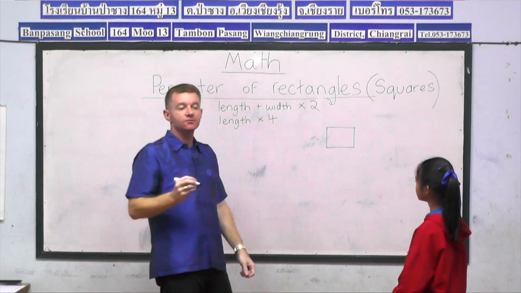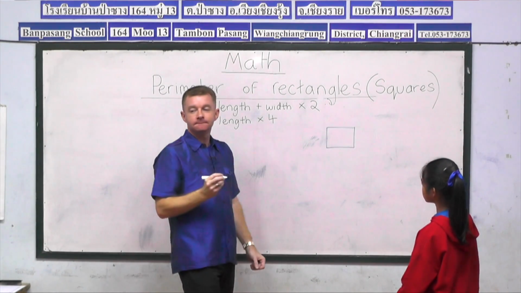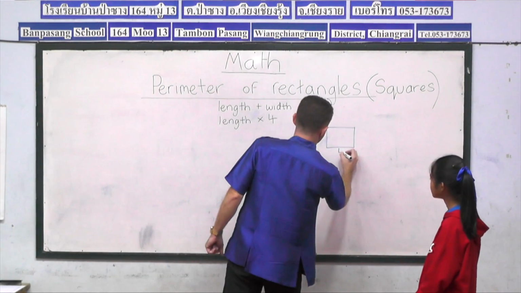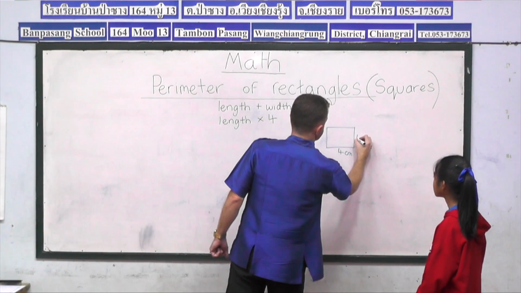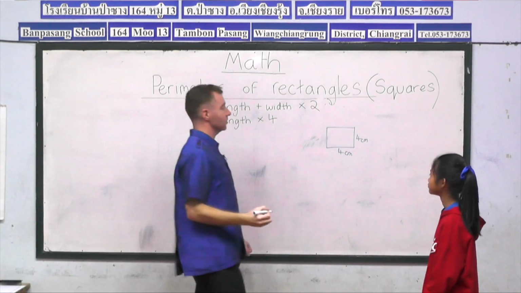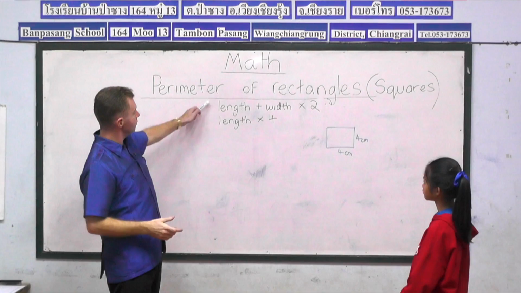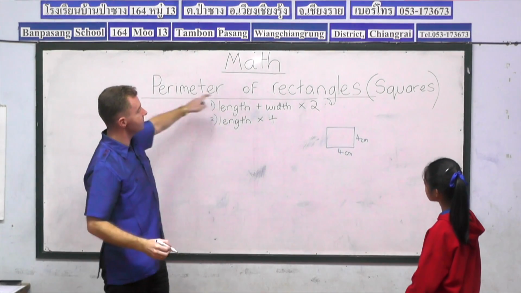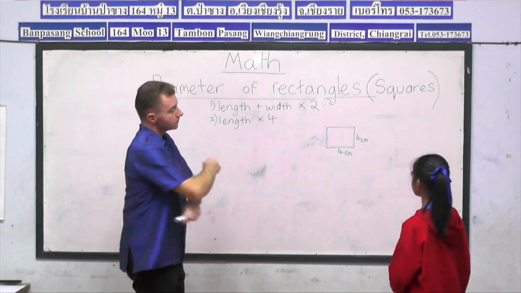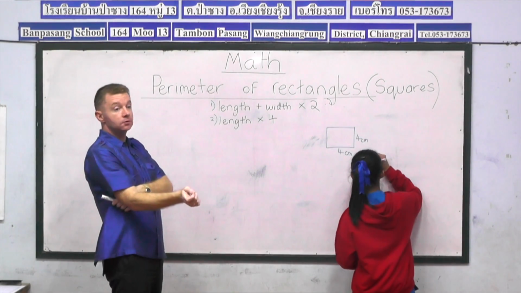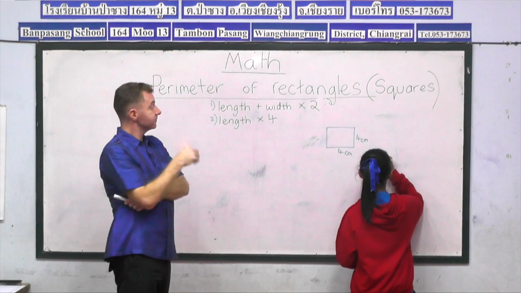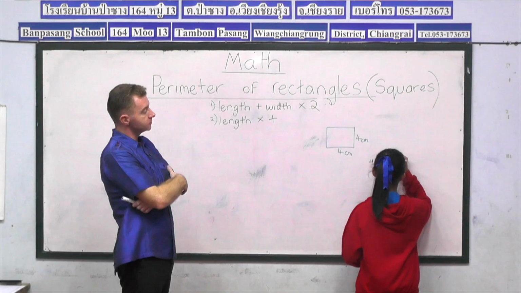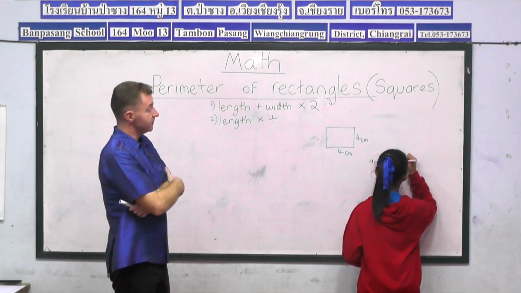How many centimeters for the sides of my square? 4. 4, okay, we'll start with 4. 4 centimeters. So that means that the length and width are the same. Dan, can you now use one of the formulas, either 1 or 2, to work out the perimeter of our square? So you can either go 4 plus 4 equals 8. 4 centimeters plus 4 centimeters equals 8 centimeters.